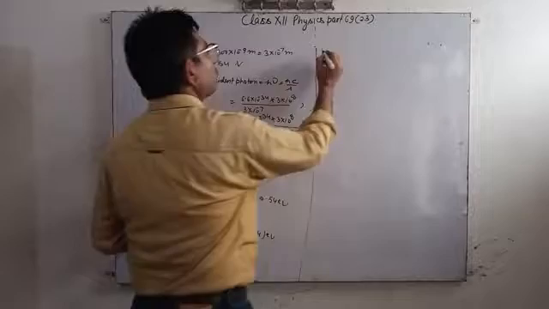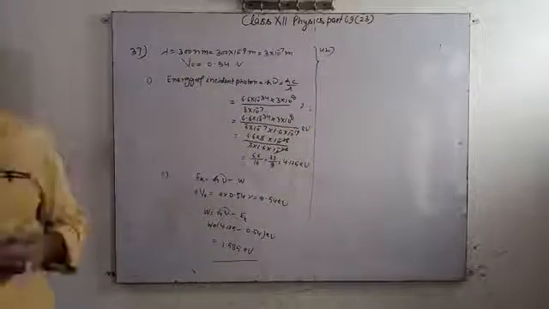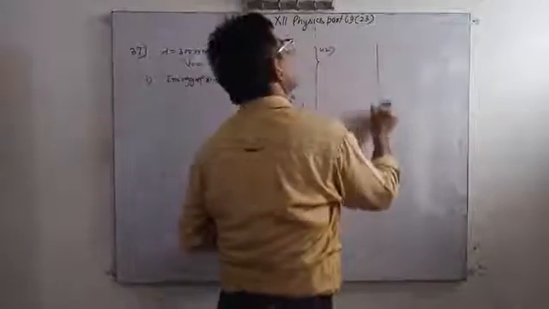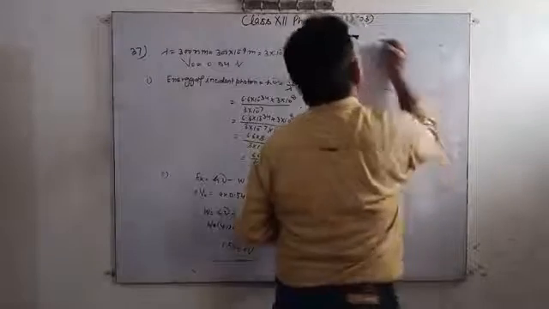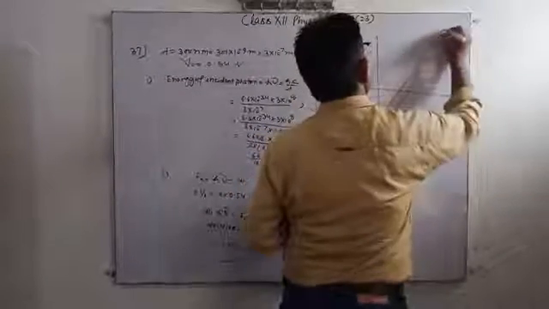Now come to question 42, the last question of this exercise. Here a graph is given, and this is a straight line.